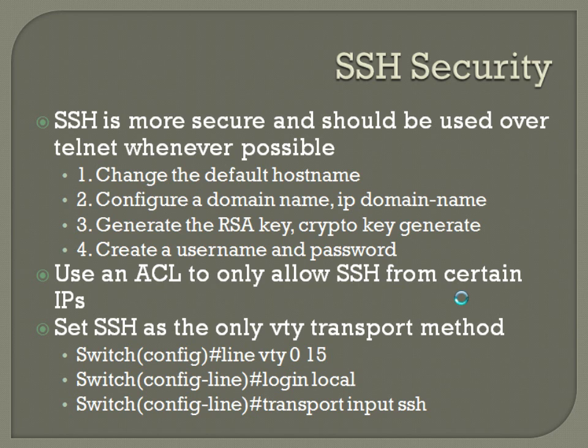Second, you've got to configure an IP domain name with the ip domain-name command. Third, you've got to generate the RSA key with crypto key generate. Again, it's recommended to set that to at least 1024 bits to make sure you've got good, strong encryption no one can crack. And then create a username and password as your last step.